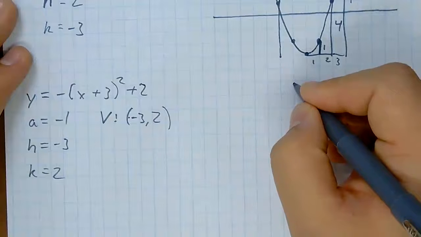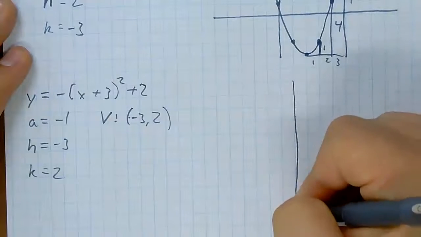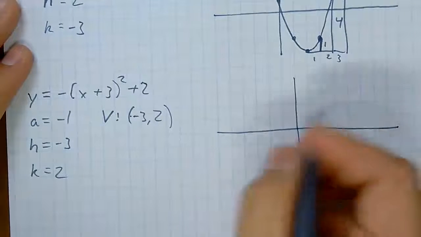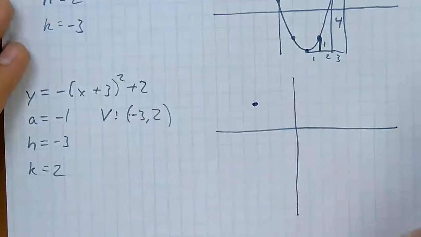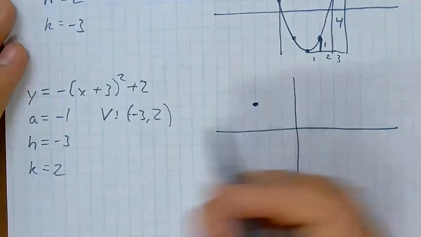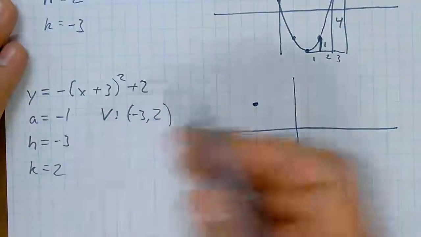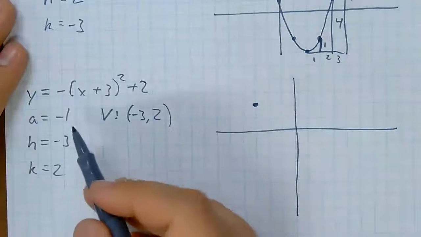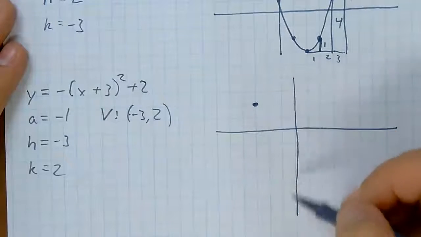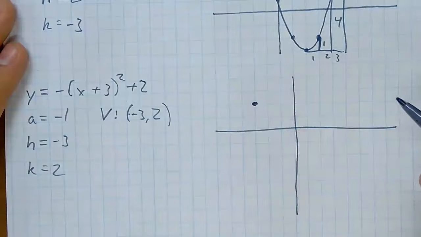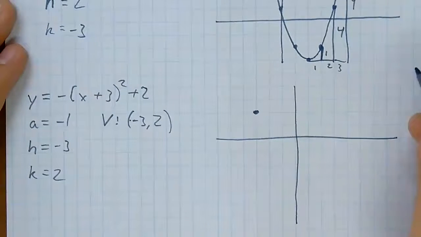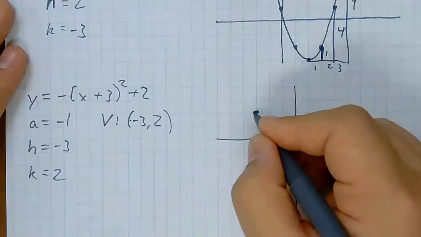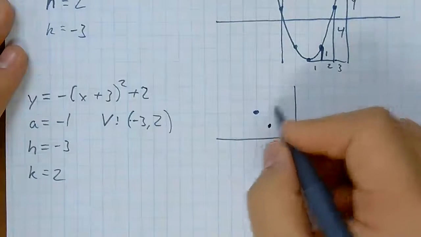Let's graph that. So (negative 3, 2). Now, our stretch is negative 1, which means our parabola is opening down. We know that because a is negative, it opens down. But our pattern of 1, 4, 9, 16 still holds here. As we go 1 away, we're going down 1.